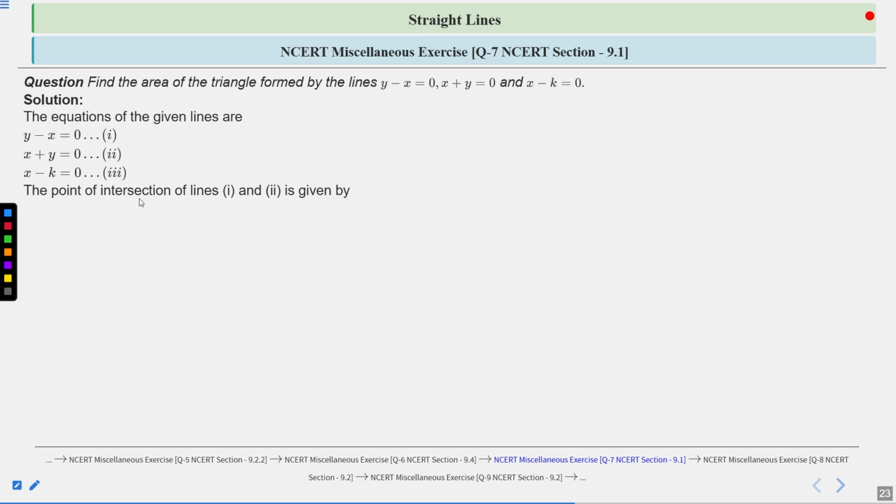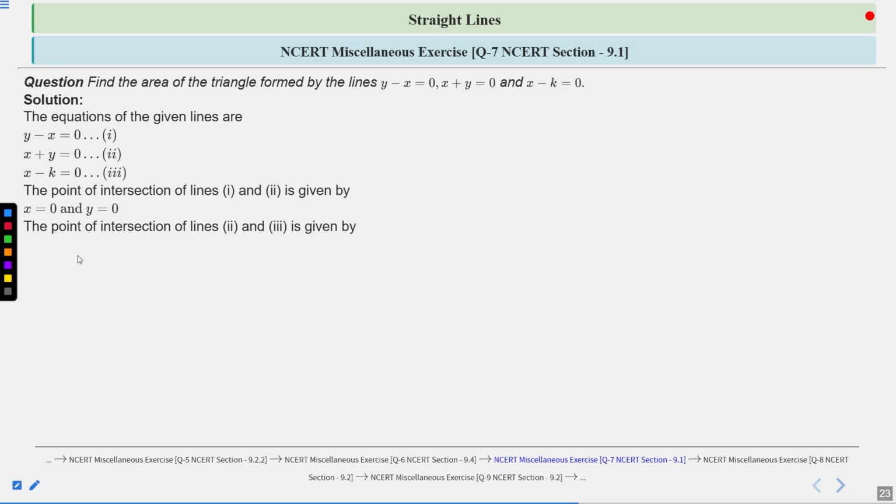The point of intersection of the lines 1 and 2 is given by x equal to 0 and y equal to 0. Okay, so equations 1 and 2 intersect at the point 0, 0. Easily you can find x equal to 0 and y equal to 0.